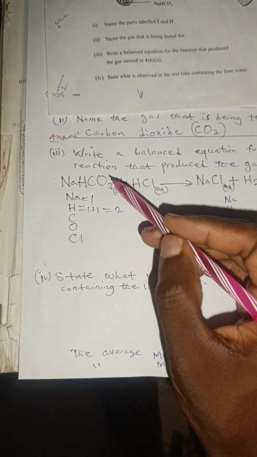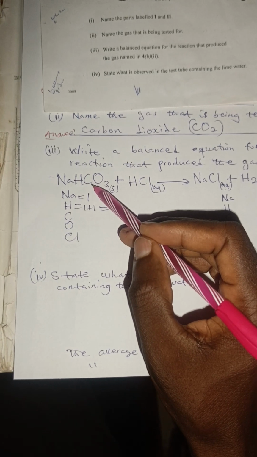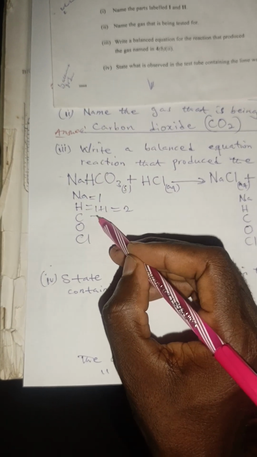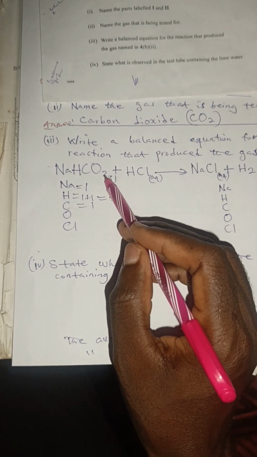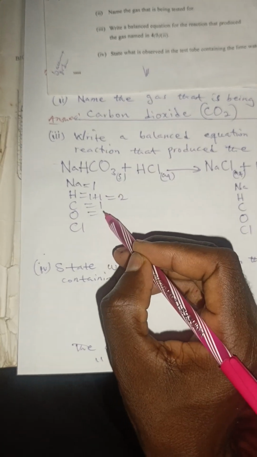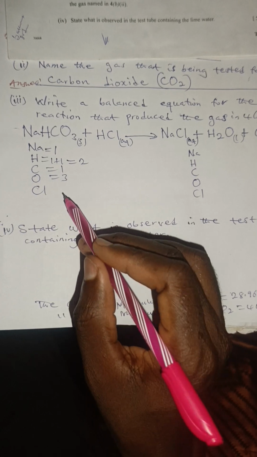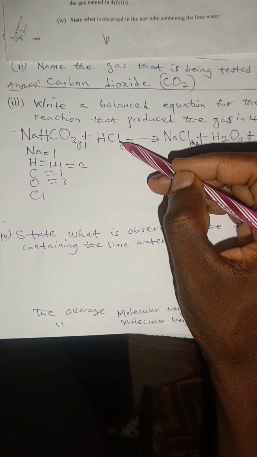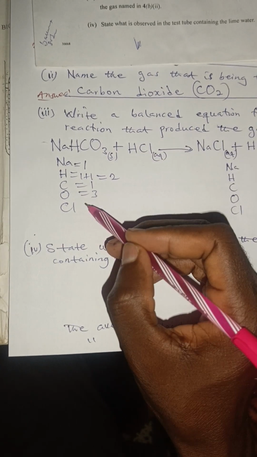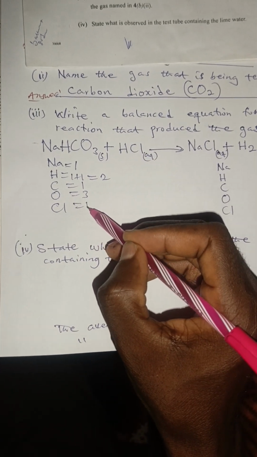Then for carbon, we have one carbon here, we write 1. Oxygen, we have 3 atoms of oxygen, we write 3. For chlorine, we have 1 atom of chlorine, we write 1.